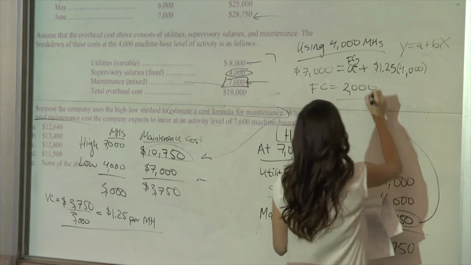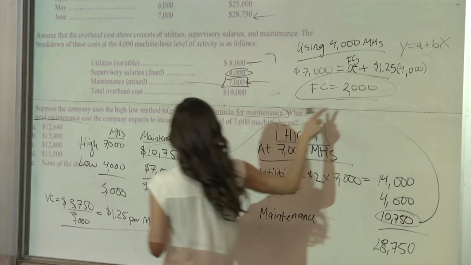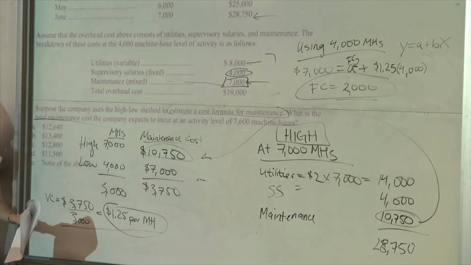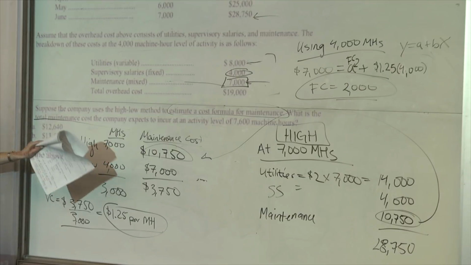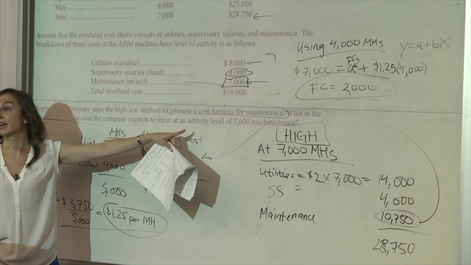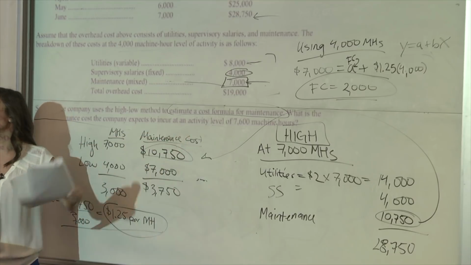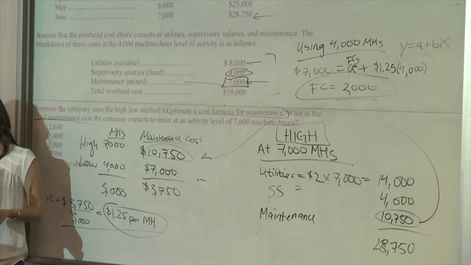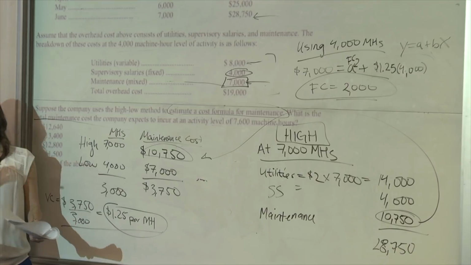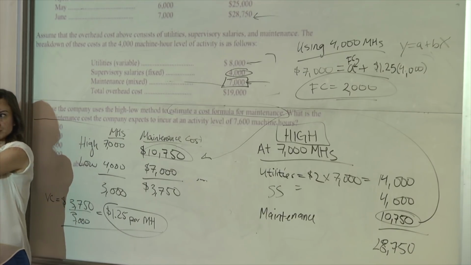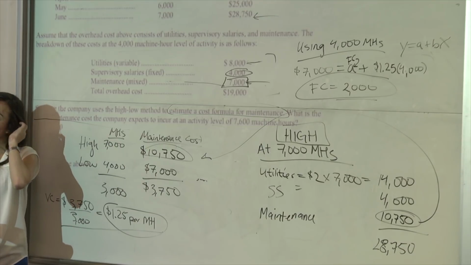Now, because we have this fixed cost of 2,000, we can estimate the cost for an activity level of 7,600 machine hours. Because maintenance is a mixed cost, we need both the variable cost per unit and the fixed cost. What equation will you use then? I'm going to go over it now. If you calculate fixed cost based on the total for the high-low, you get 6,000, not 2,000.